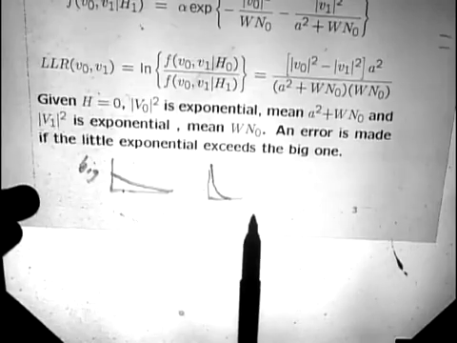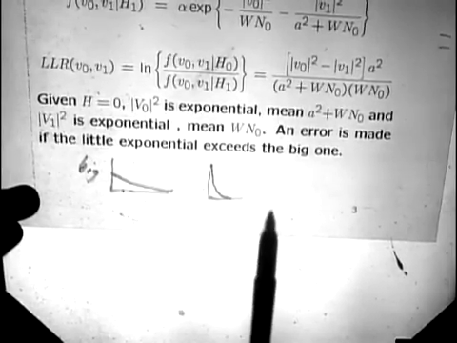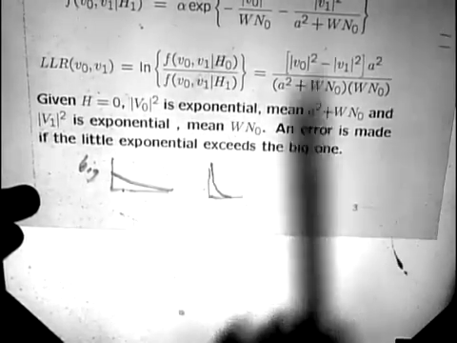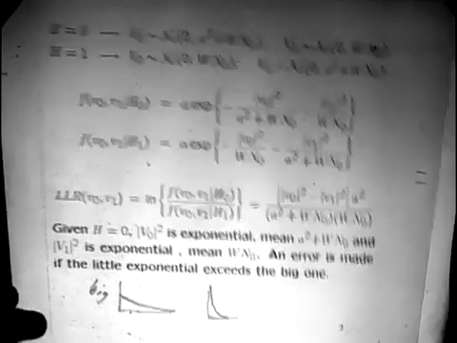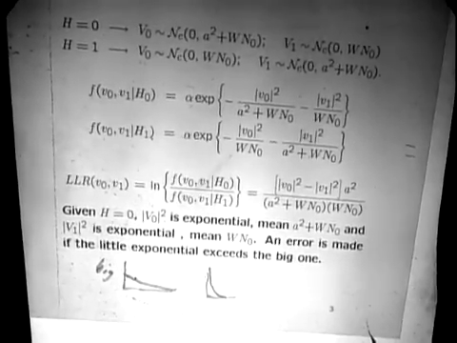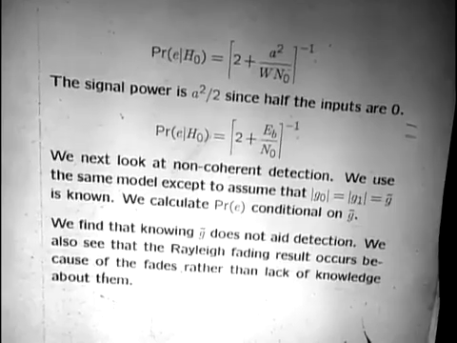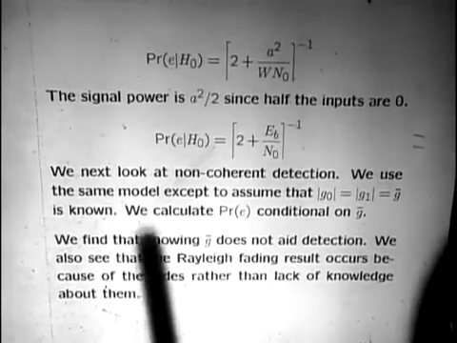So you're convolving two exponential densities with each other. Unfortunately, you're taking the difference of the two, so you're convolving the negatives of this with this, and then you have to integrate the thing. And it's just something you have to do. And the answer is that the probability of error is then (2 plus a squared over Wn0) to the minus 1.